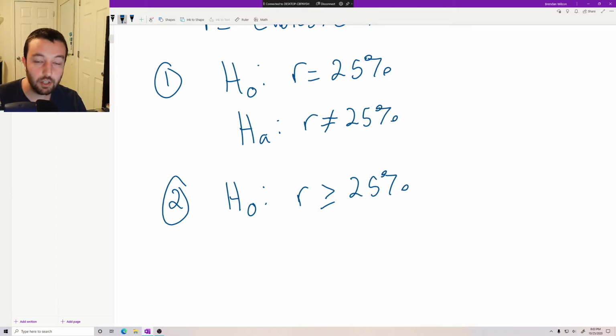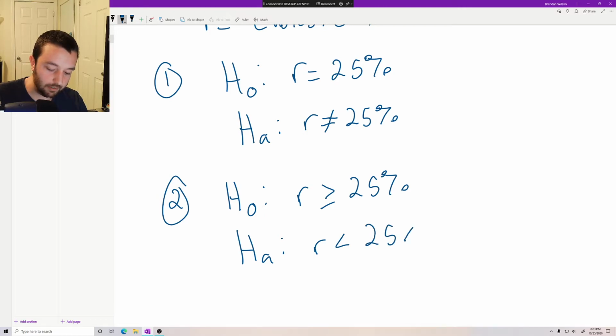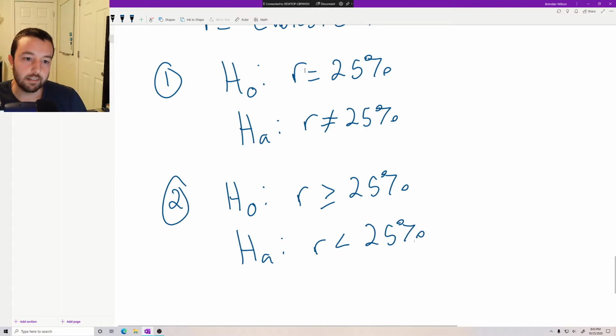The null hypothesis would be that the reduction rate is greater than or equal to 25%, and HA would be that it's less than 25%. So we have two contradictory statements. One of these has to be true, so we just determine which one is true, basically. Okay.